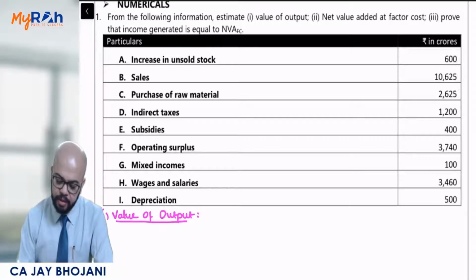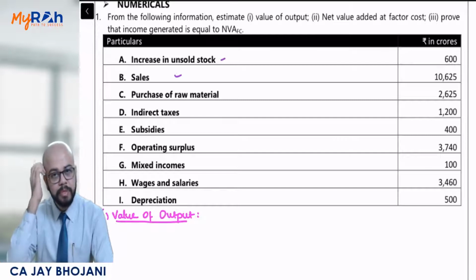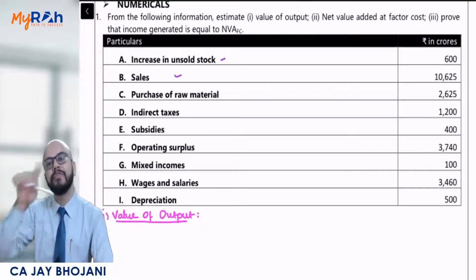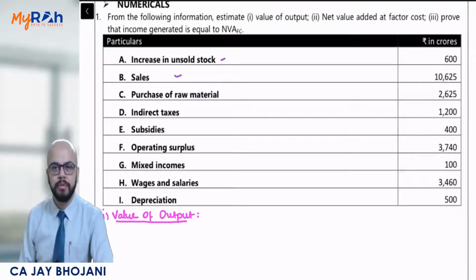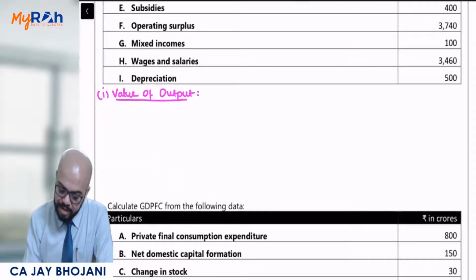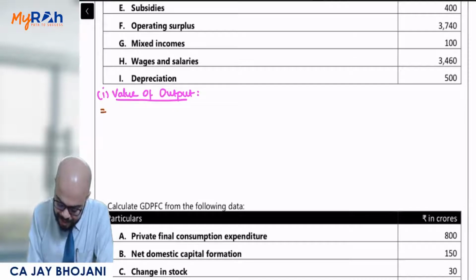See, you have sales, you have increase in unsold stock. Increase in unsold stock means closing stock is higher than opening stock. So, value of output can be calculated as sales plus change in stock.